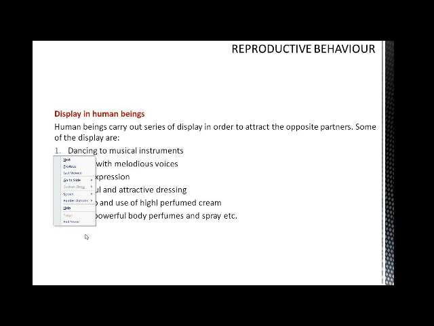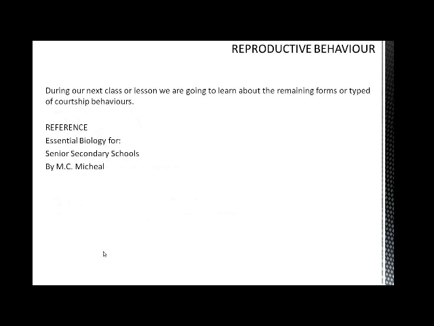So with this, we have come to the end of today's lesson, which we have learned about display. And under display, we learned examples like the one of Agama lizard and the one of the birds. And we've also learned about how display is carried out by human beings.